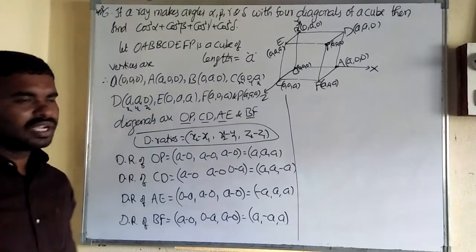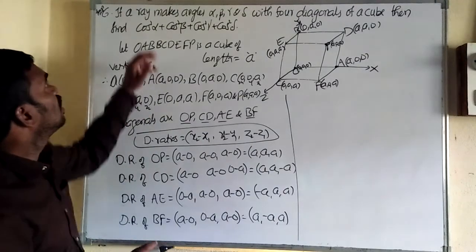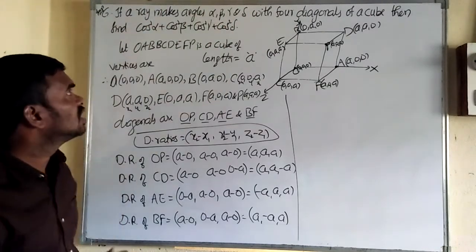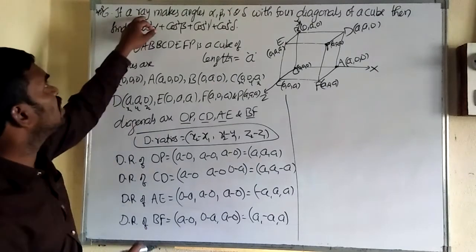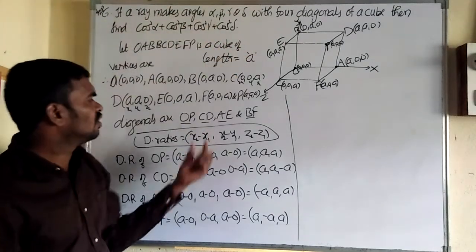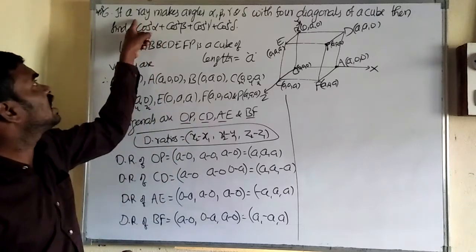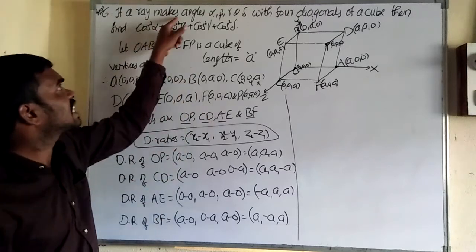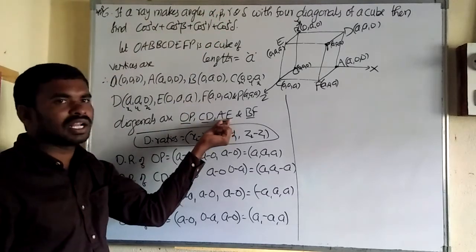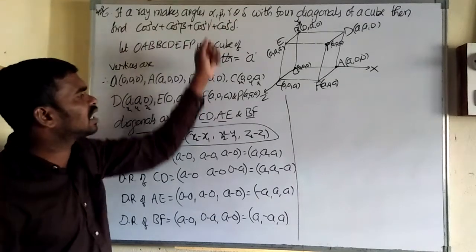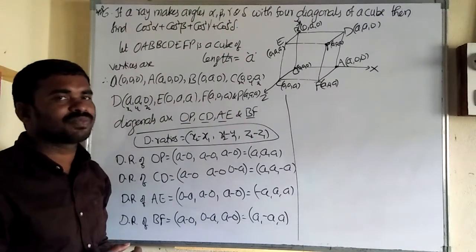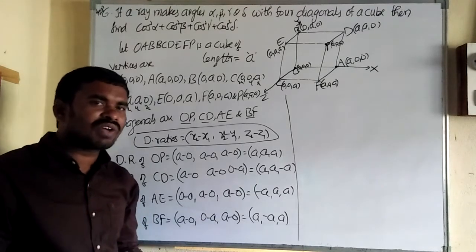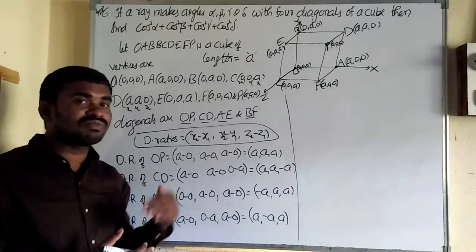What is the question? The question is: a ray makes angles alpha, beta, gamma, delta with the 4 diagonals. First, let us assume a ray makes angle alpha with OP. Next, a ray makes angle beta with the second diagonal CD. A ray makes angle gamma with the third diagonal AE. A ray makes angle delta with the fourth diagonal BF. What are the direction ratios of that ray?